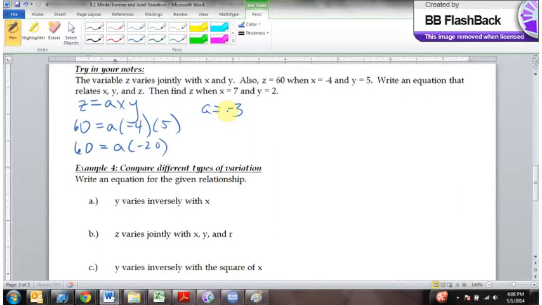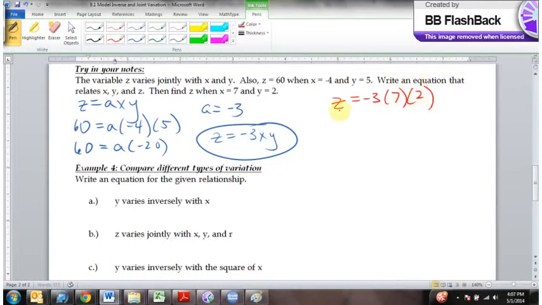And since a is negative 3, that means our equation is z equals negative 3xy. Given this equation, find z when x is 7 and y is 2. So what is z with our equation when x is 7 and y is 2? We have z equals negative 21 times 2 would be negative 42. And we're done.